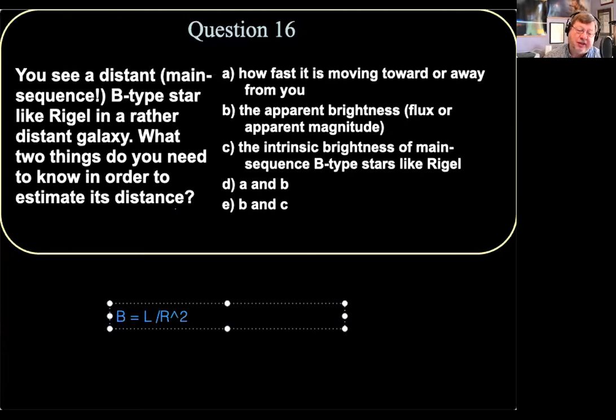So this is an equation of 3 variables. If you know 2 of the variables, you can calculate the third. So if you know the distance r and the intrinsic brightness L, then you can calculate what its brightness is, B. If you know its brightness B, and you know its distance r, then you can calculate what its intrinsic brightness is, L, and through any combination of that.